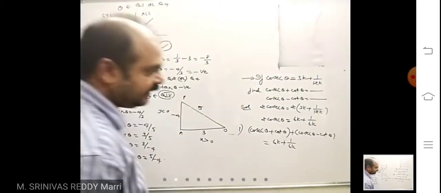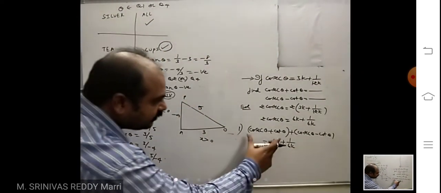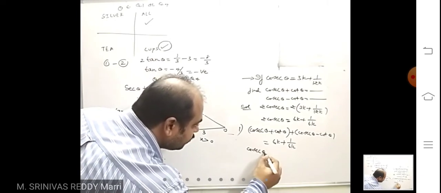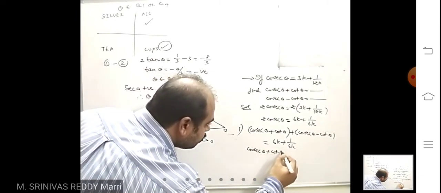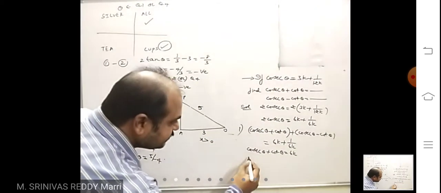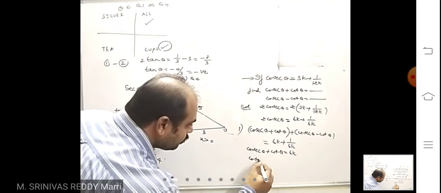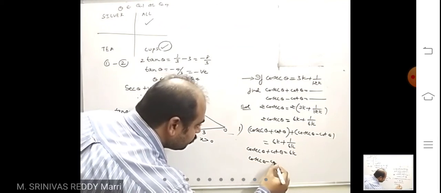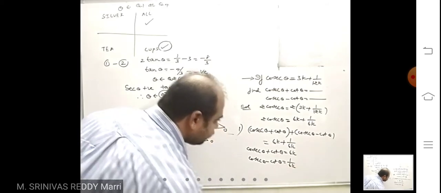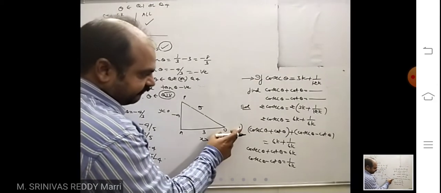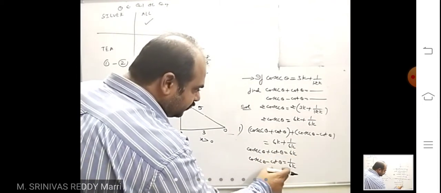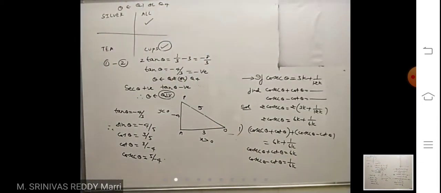So from this you can conclude that cosecant theta plus cot theta equal to 6k, and cosecant theta minus cot theta is 1 by 6k. That is one case.